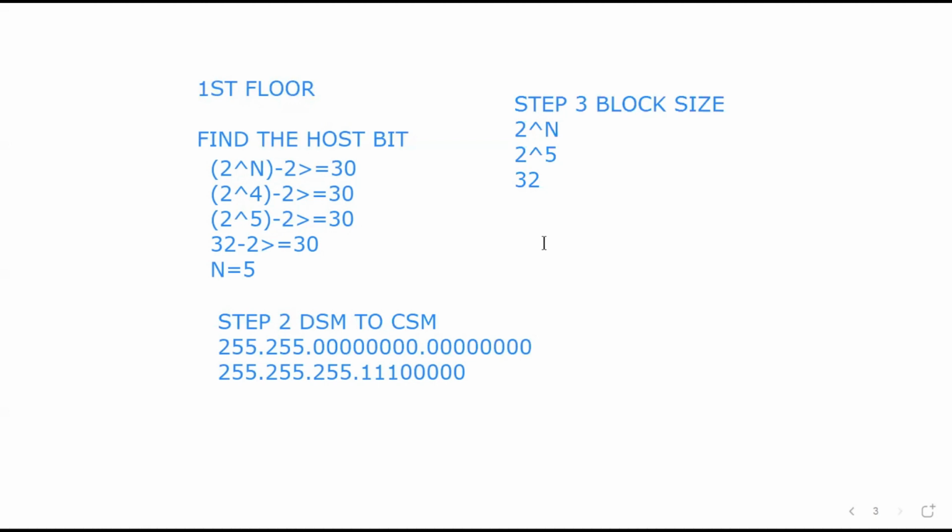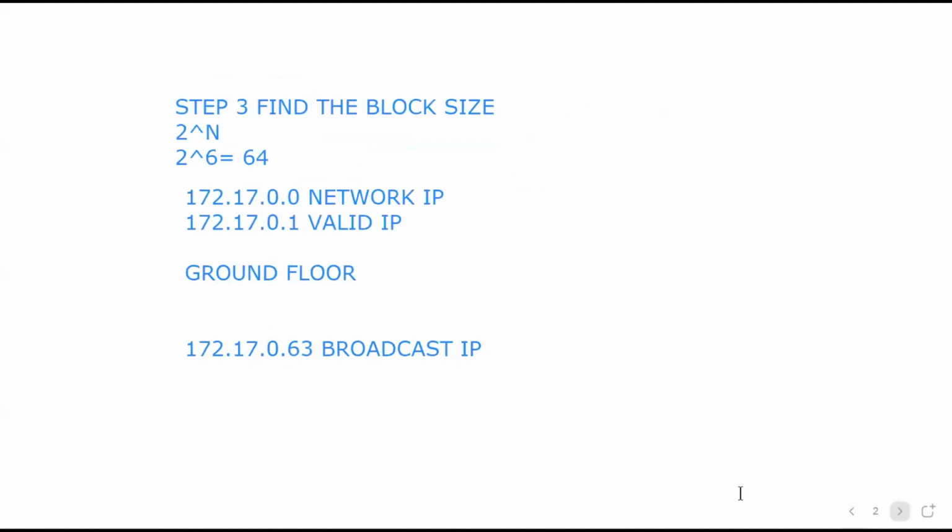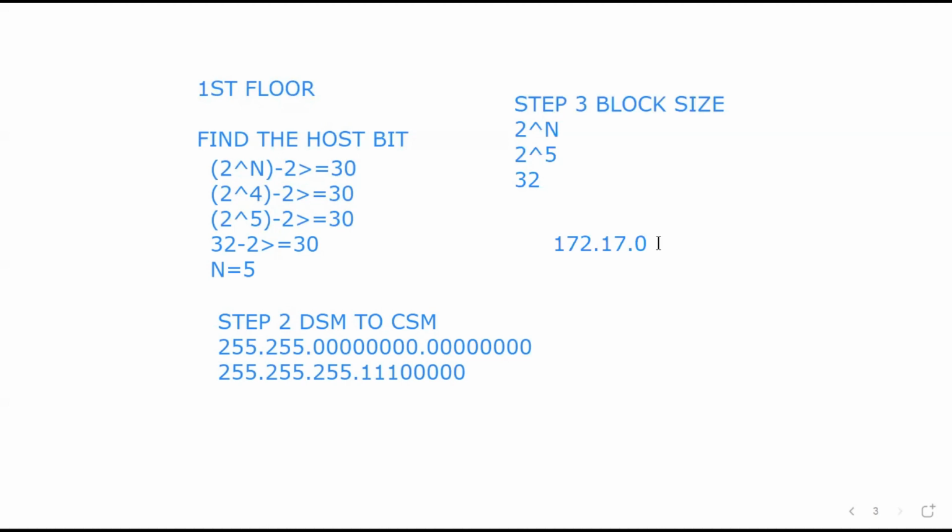So let us put our IPs. 172.17.0. The IP used after the 64 block: .64 is our network IP.